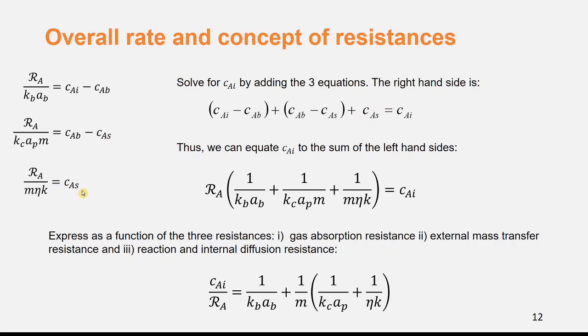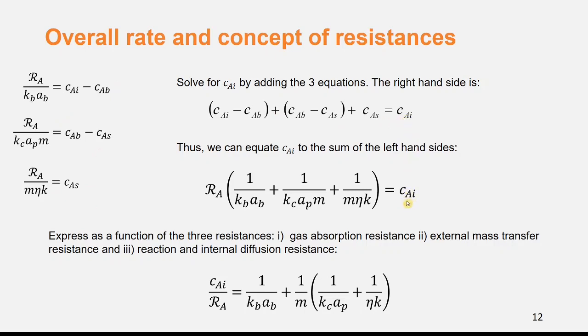So you can see that the CAB and the CAS cancel out. So negative CAB cancels out with the positive CAB here, and the negative CAS cancels out CAS. So that means that the sum of the right-hand sides of the equation is just CAI. Okay, so the sum of this is just CAI here.